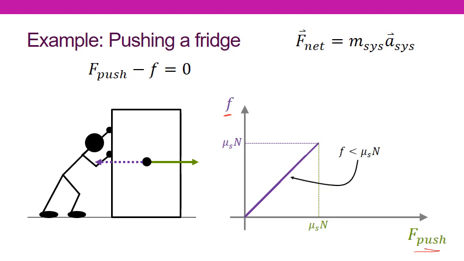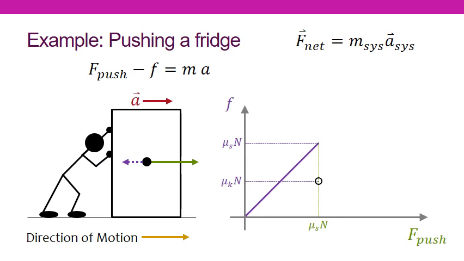All along this line, my pushing force and my frictional force must be equal, and my frictional force is always less than this value of mu sub s, the coefficient of static friction, times the normal force. It's only when we reach right at the top that suddenly my frictional force equals this maximal value of the coefficient of static friction times the normal force.